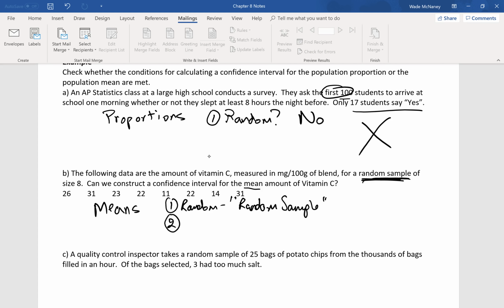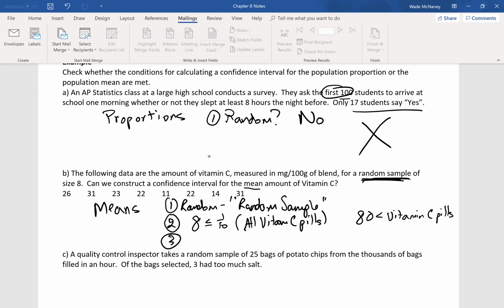Condition 2 is the 10% condition. So this sample of 8, is that less than 10% of all vitamin C? And there are hopefully more than 80 vitamin C pills. Okay, and finally, condition number 3.